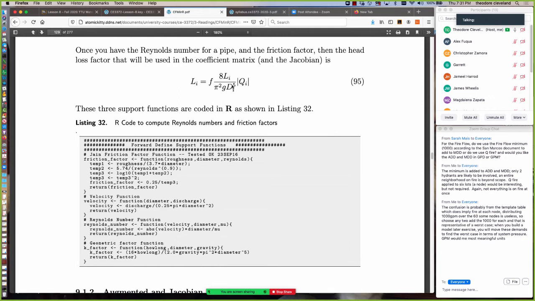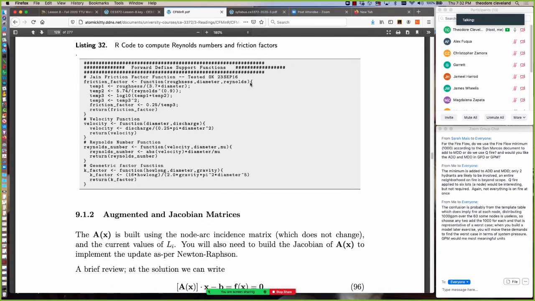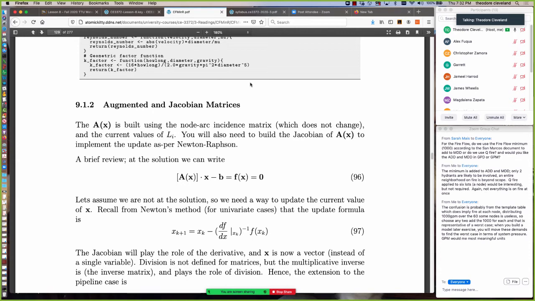It's just this term that's in the middle of the group of terms in equation 95. So friction factor has its own function. The geometric factor has its own function, and we'll multiply it by the absolute value of Q for that particular pipe as needed. Then we need to build the matrix, the A matrix.